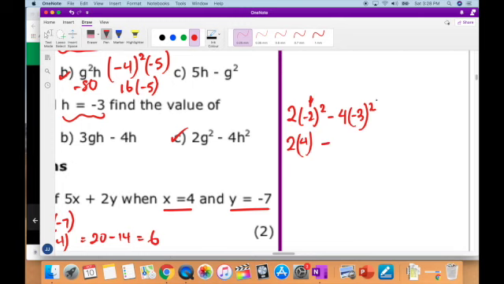And then minus you have this 3 squared is 9. So that's 4 times 9. So 4 2s are 8. Right? And then 9 4s are 36. Yeah. So 8 minus 36 is what? Minus 28. Yes, very good.